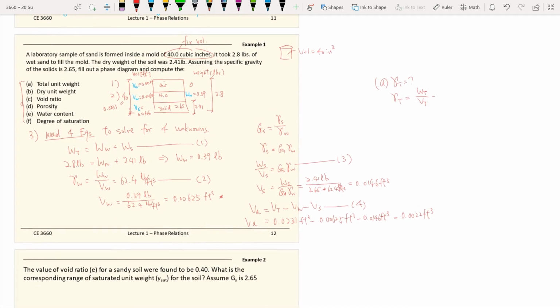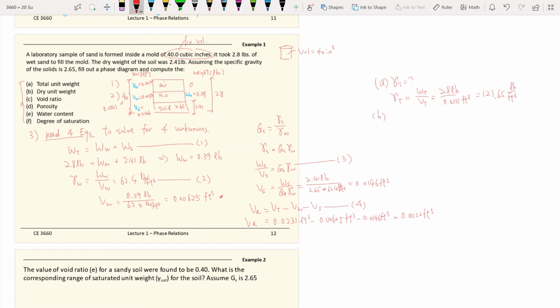And from the phase diagram, we have all the information. It's 2.8 pounds divided by the total volume, 0.0231 cubic feet, and that will equal 121.65 pounds per cubic feet.